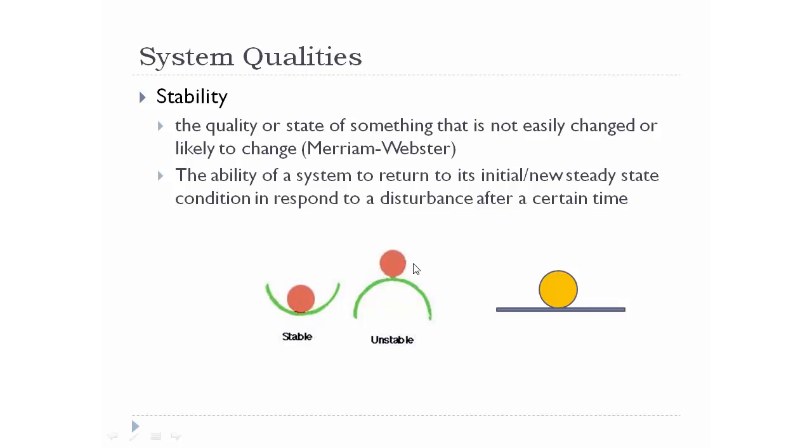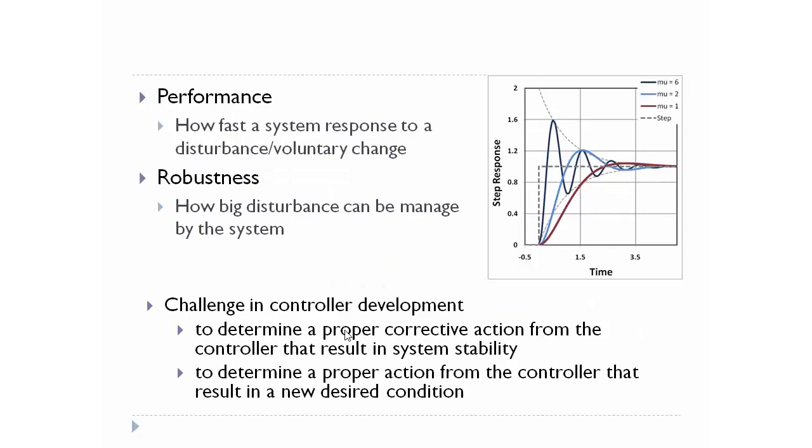But if you look at the picture in the middle, it's unstable, because with a small disturbance the ball will drop. It's one example of a stable and unstable system. Besides stability, the quality of the system is defined based on its performance and robustness as well.